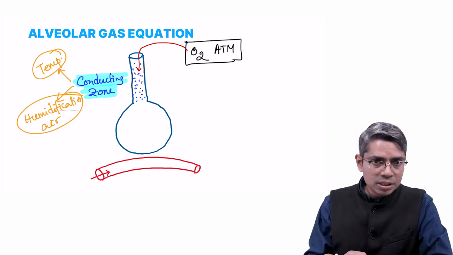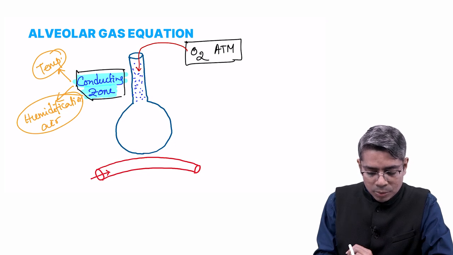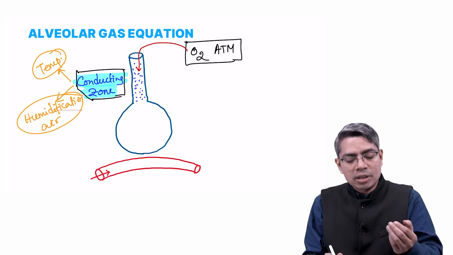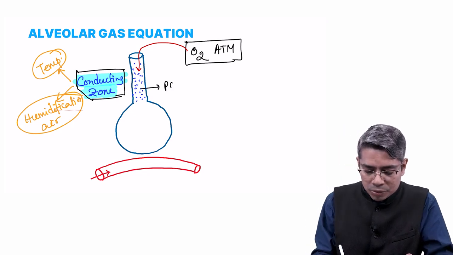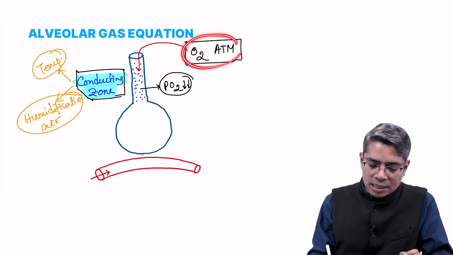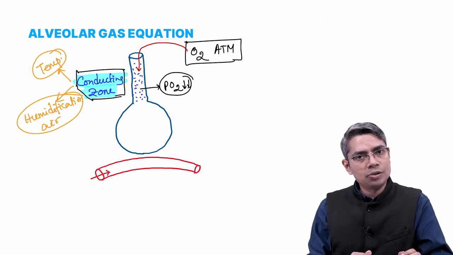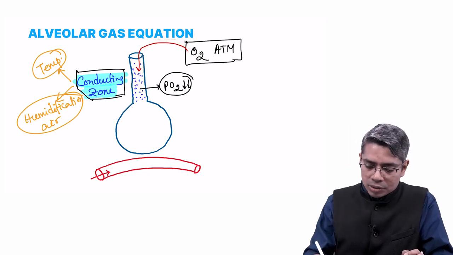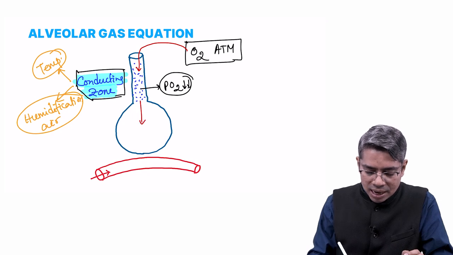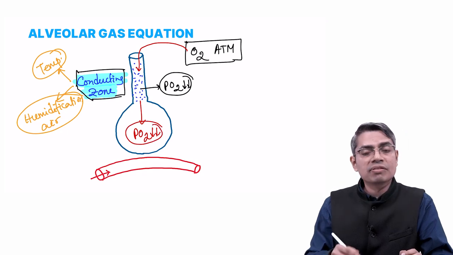So, whenever oxygen is entering at the level of the conducting zone, because of this moisturization, because of the addition of water vapor, the partial pressure of oxygen will drop at this level. Suppose the partial pressure of oxygen in the atmosphere is 160 millimeter of mercury, it will drop at the level of the conducting zone. And when the oxygen enters further at the level of alveoli, the partial pressure of oxygen will drop further.